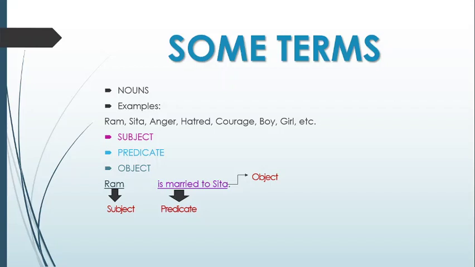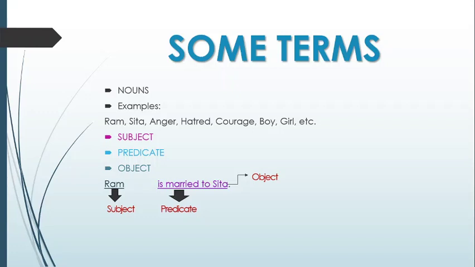We call this part the predicate. Finally, if there is a noun, a name in the predicate section, we call it the object. So to summarize, the thing, person, idea, whatever we want to talk about is called the subject. And whatever information we want to give about that subject forms the predicate part. And whatever noun is there in the predicate part is called the object.